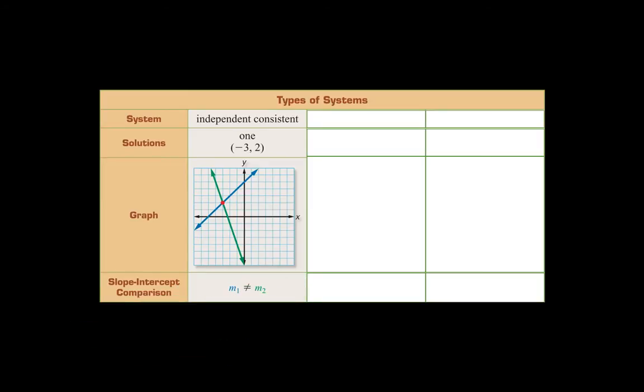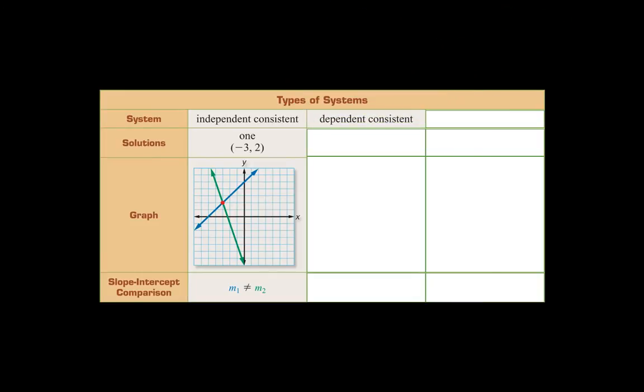And if we were to compare, their slopes are going to be different. That's a sure way to know that your system will be independent and consistent. Independent because the 2 lines are independent, and consistent because they agree, they meet.